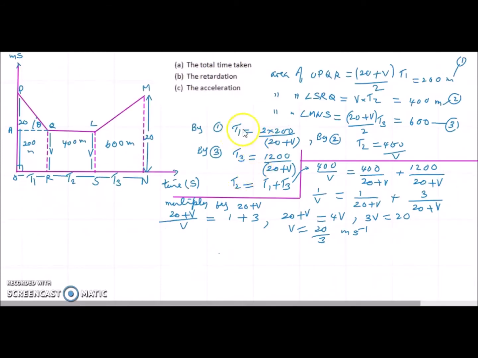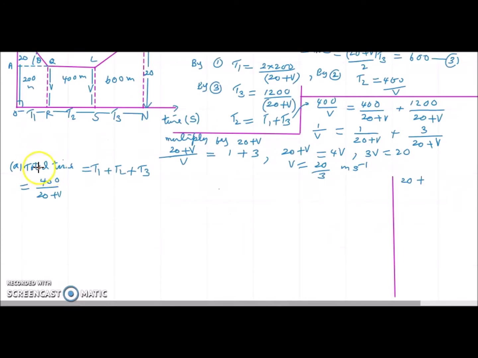Now we have to add t1, t2 and t3. We substitute the value of v in these three and add. Now the total time equals t1 plus t2 plus t3. t1 is 400 by 20 plus v, plus what is t2? t2 is 400 by v, plus t3.